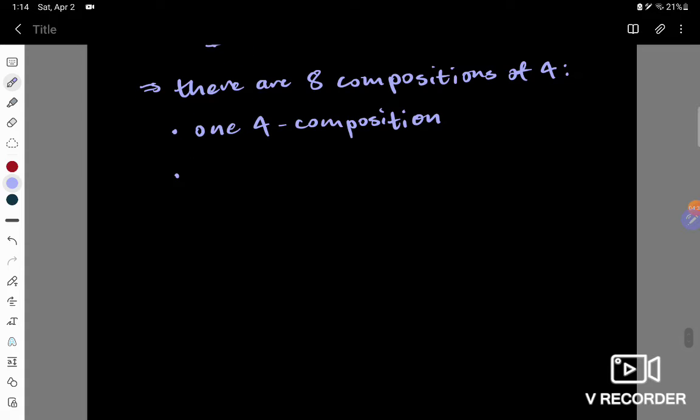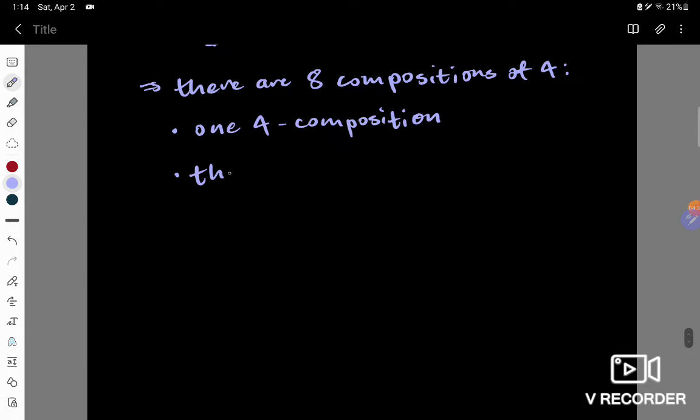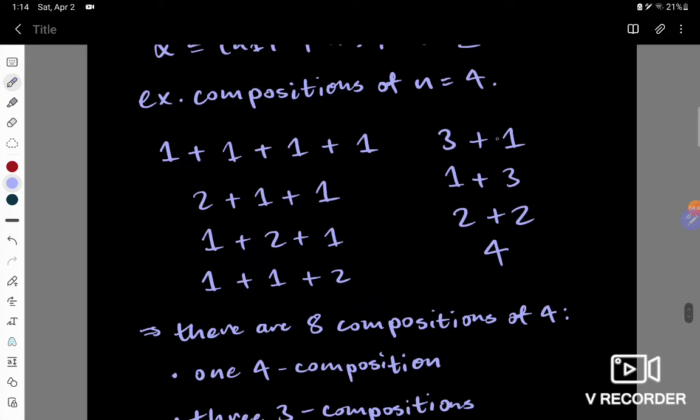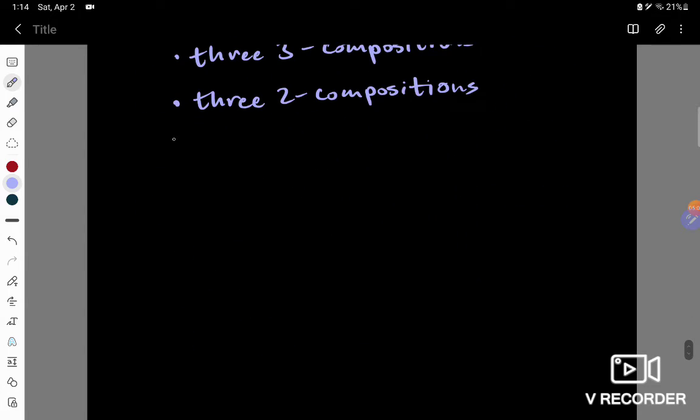So we have the 4-composition, then we go decreasing, so we have these 3-compositions, we have 2-compositions, and we have the 1-composition.